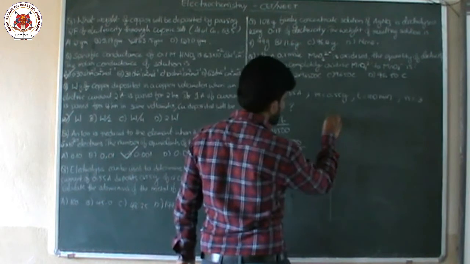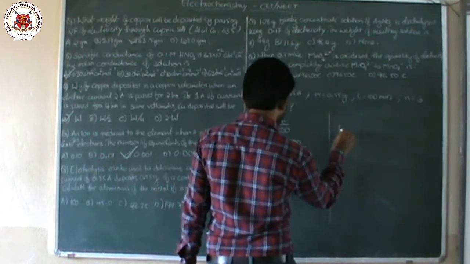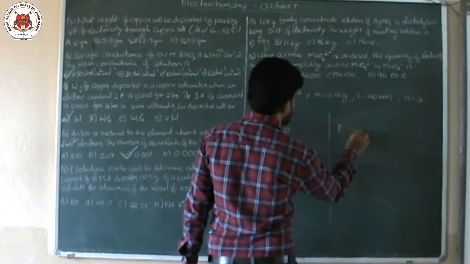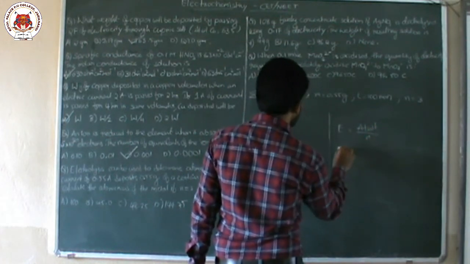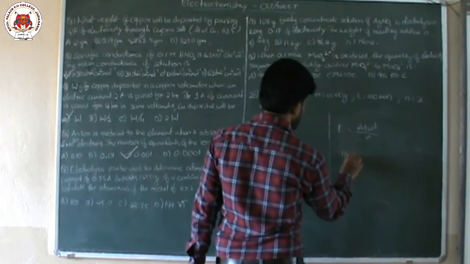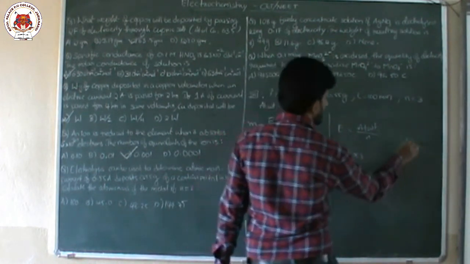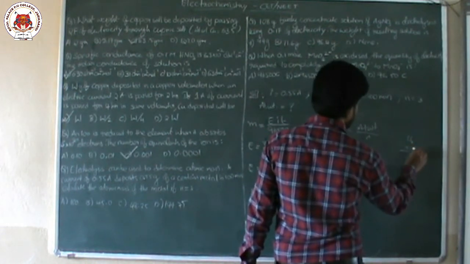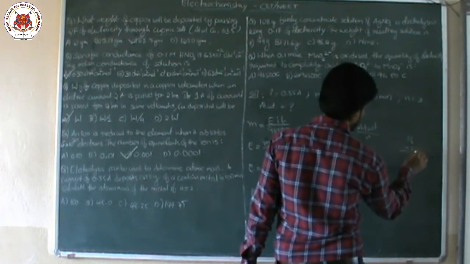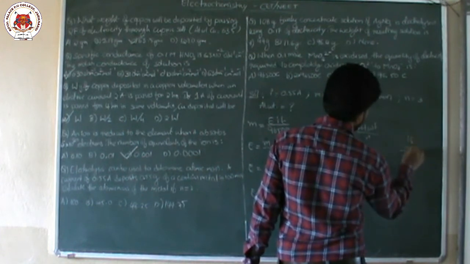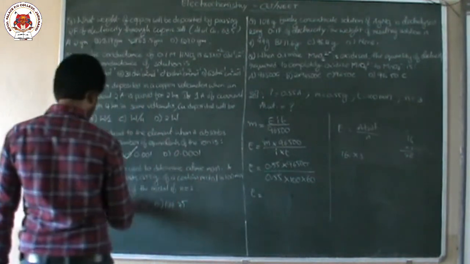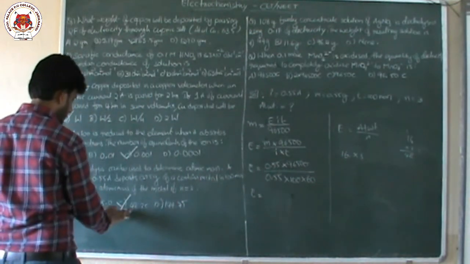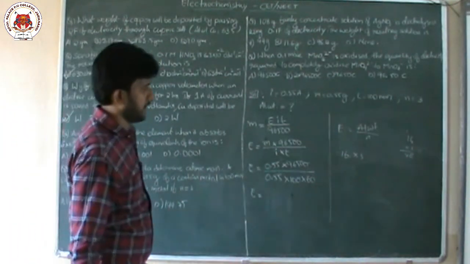So equivalent weight is equal to atomic weight by n. Roughly calculating this, 16 point something, then you multiply into 3, approximately you will get 48.25 as the answer.